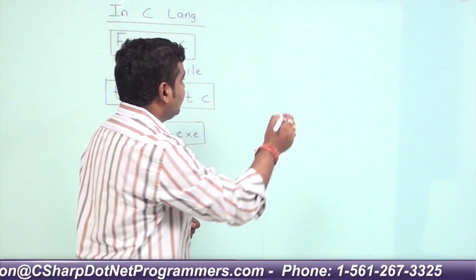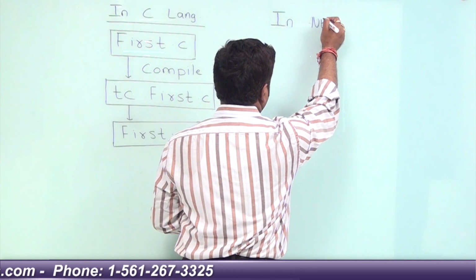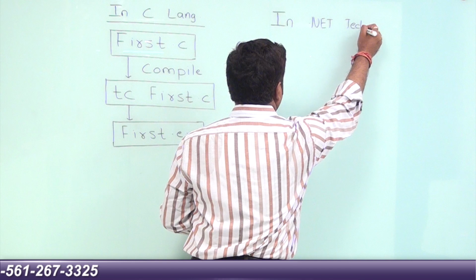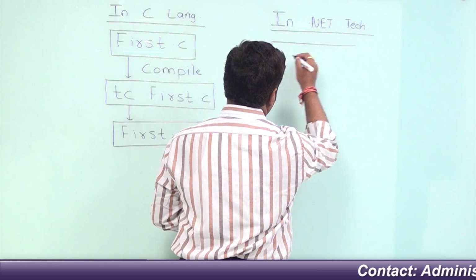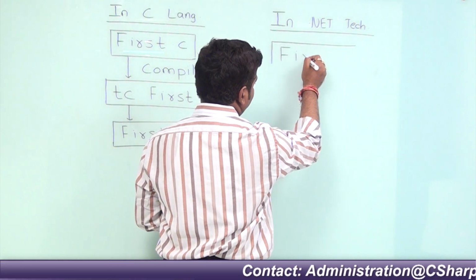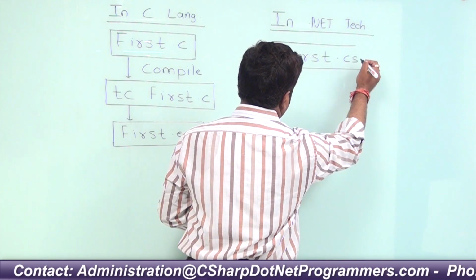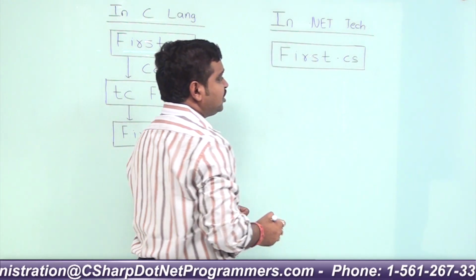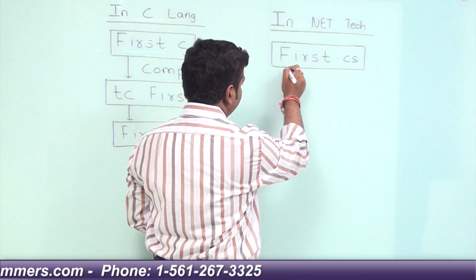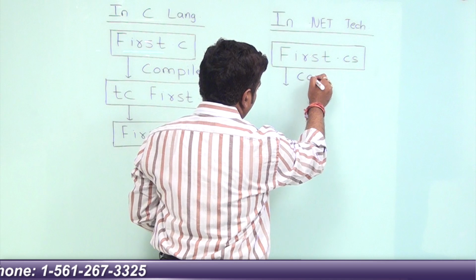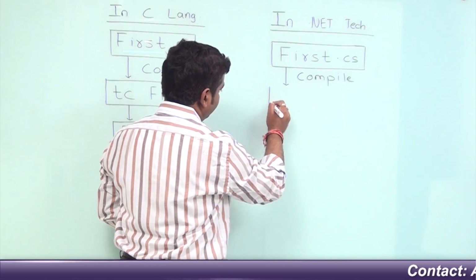Assume that in our .NET technology, let us say that we are developing a C# application. The extension for a C# program will be .cs, and assume that the name of the file is first.cs. Let's say that we are trying to compile the C# program.